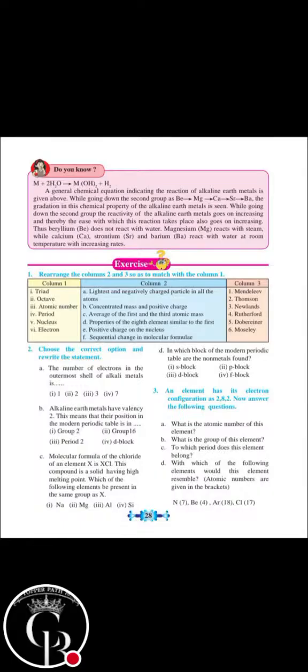The family of non-metals having valency 1: halogen family. The family of metals having valency 2 is group 2.